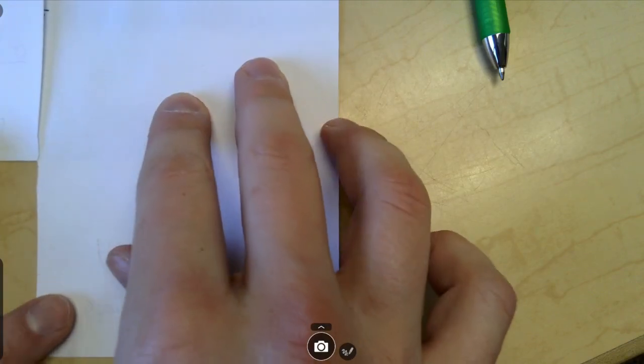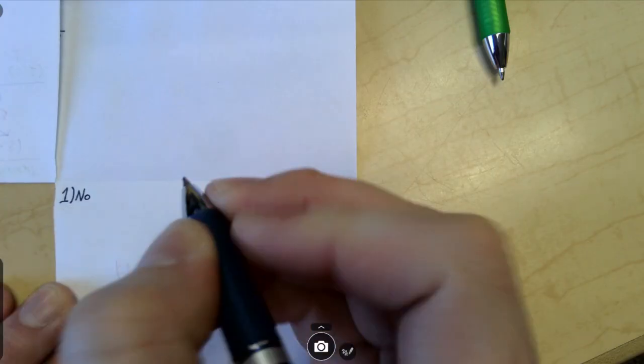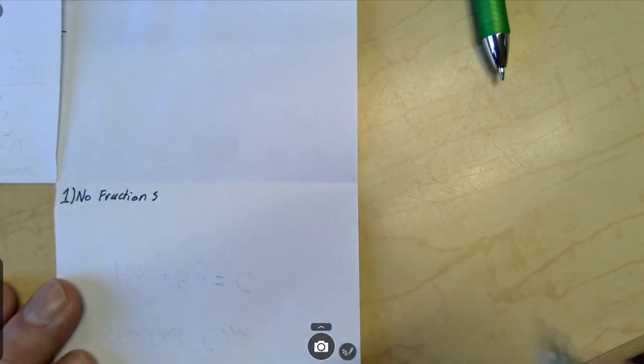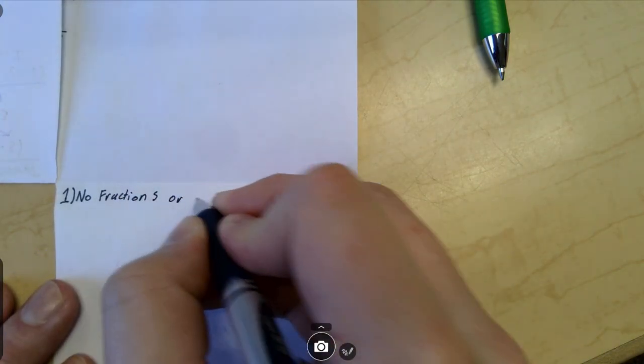So rules of standard form. So first up, no fractions or decimals.